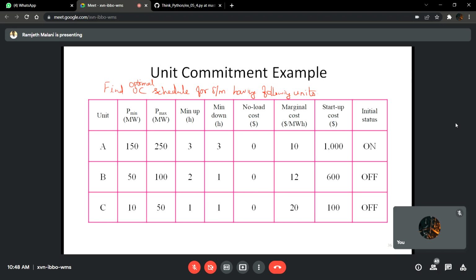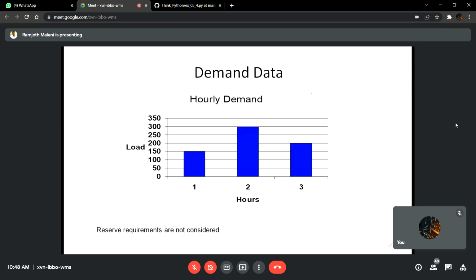Now the demand for hour 1 is 150 megawatt. For hour 2, demand is 300 megawatt. For hour 3, the demand is 200 megawatt.